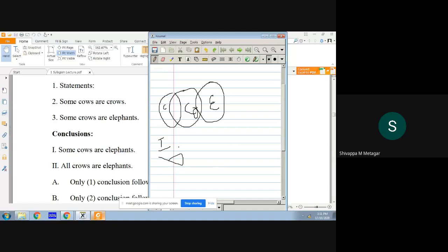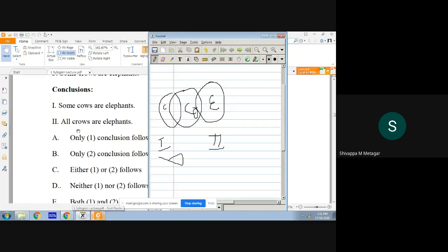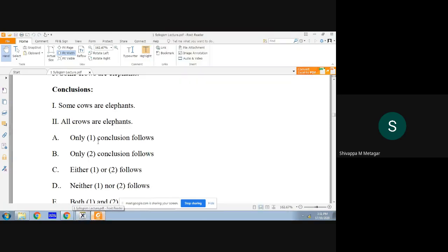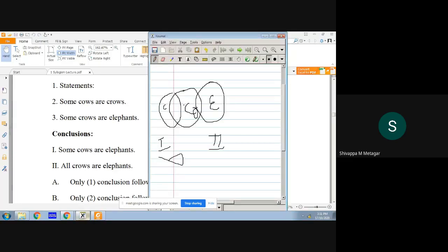Okay, some cows are elephants, and all crows are elephants. Second statement they have given. Now what is the second statement? All crows are elephants. Crows part is there here, and the elephant is there here. But here what they have given is all crows are elephants.